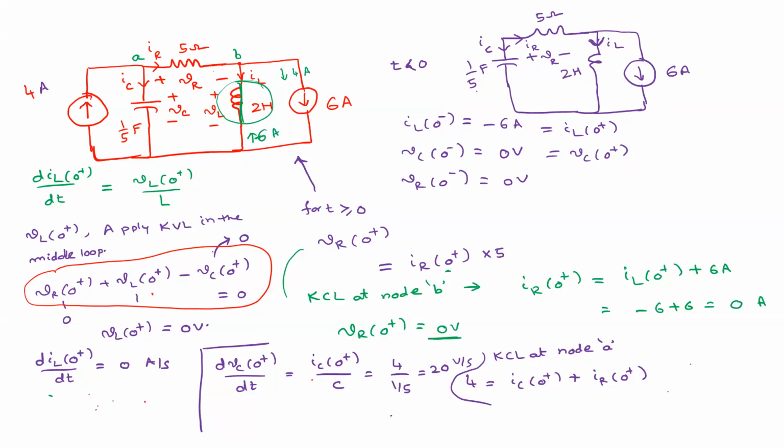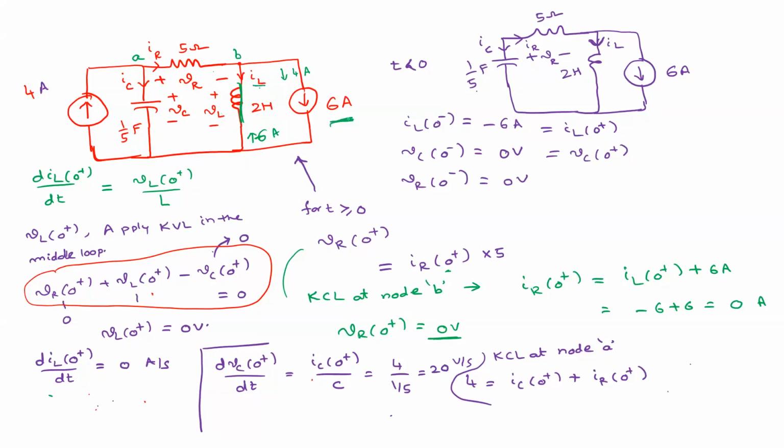If this is IL, what is the net current flowing? Why 2 ampere? See the sign: it is minus 2. Downwards you have 4 ampere current flow, upwards you have 6 ampere current flow.